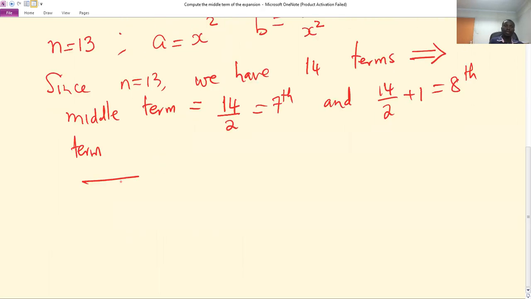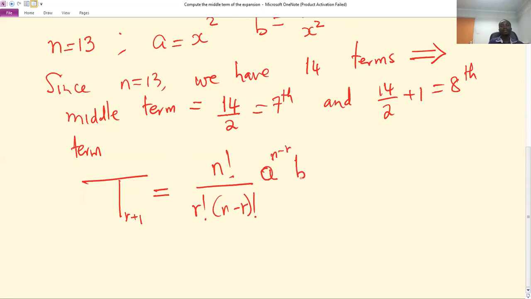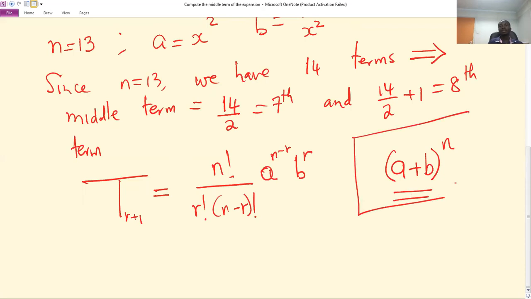We also know that T sub r plus 1 is n factorial over r factorial times n minus r factorial, a power n minus r, b power r, where this is the general term in the binomial expansion of a plus b raised to power n.